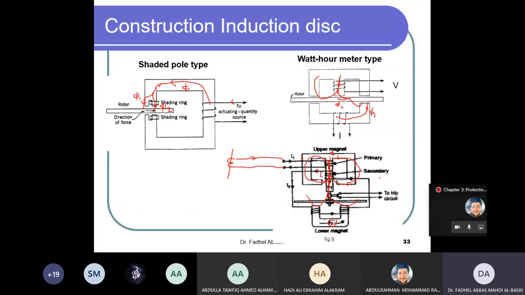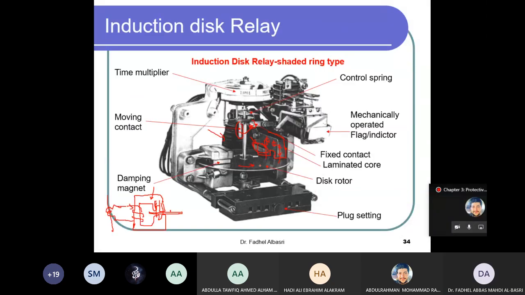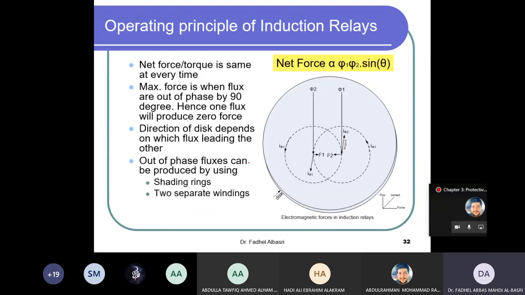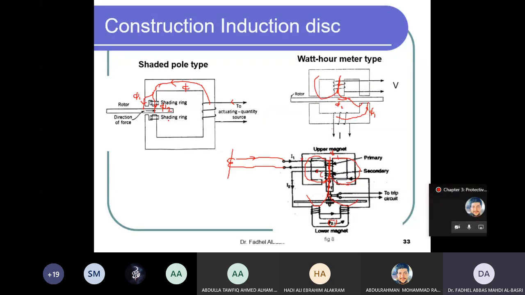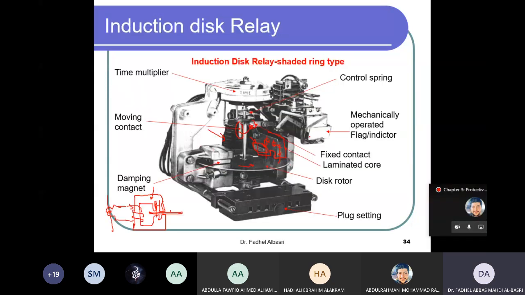This is the principle, and this is how we implement it here. This is the shaded pole type. So construction-wise, I have an induction disk relay, and this is an overcurrent relay.